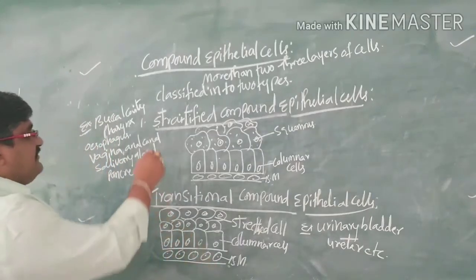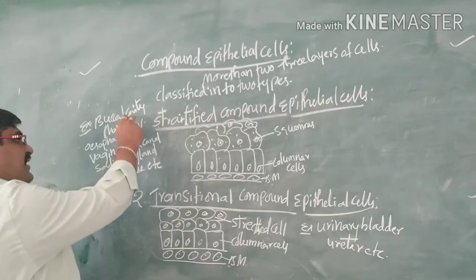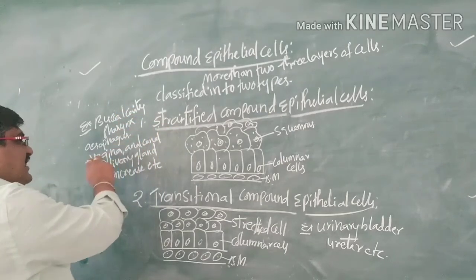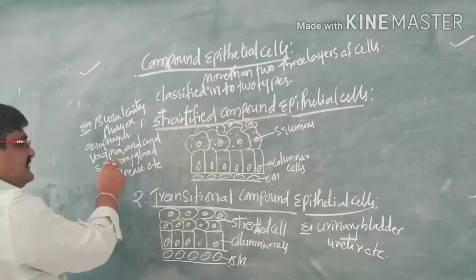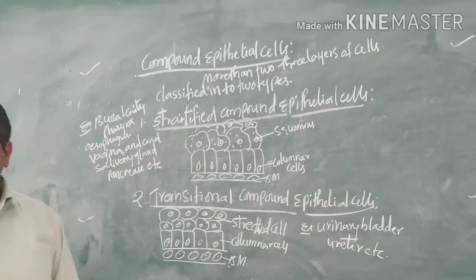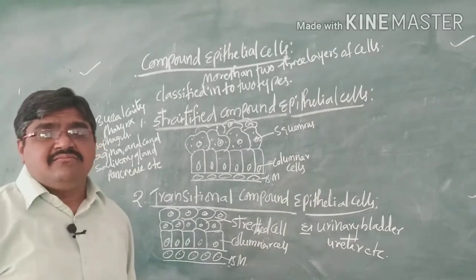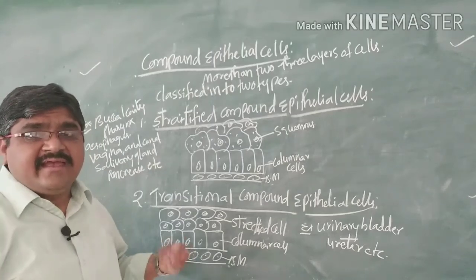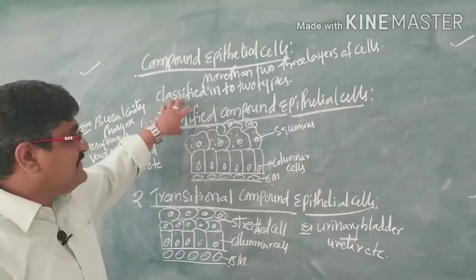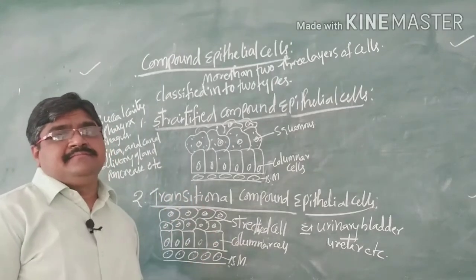These are present in the buccal cavity, pharynx, esophagus, vagina, anal canal, salivary glands, pancreas, and also in the stomach and intestine. In different regions they have different examples. There are so many examples for stratified compound epithelial cells.